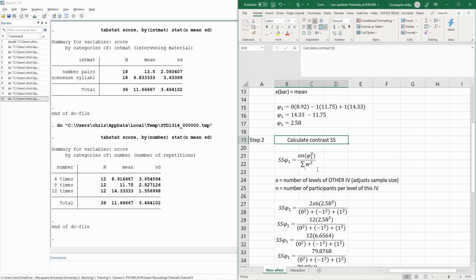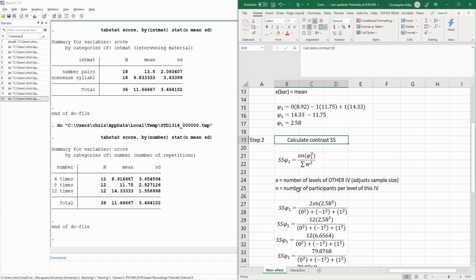And I'll show you what this looks like in a second. So we already know that W represents our weights. And we already know that psi here represents the contrast value, or the contrast itself. So we know that psi 1 equals 2.58.